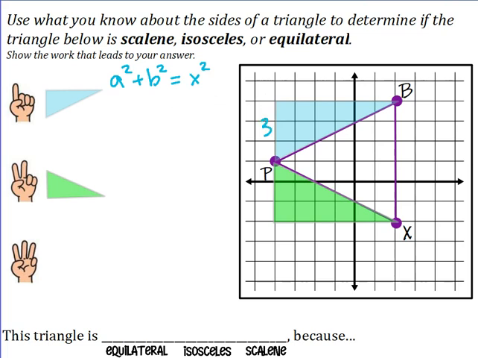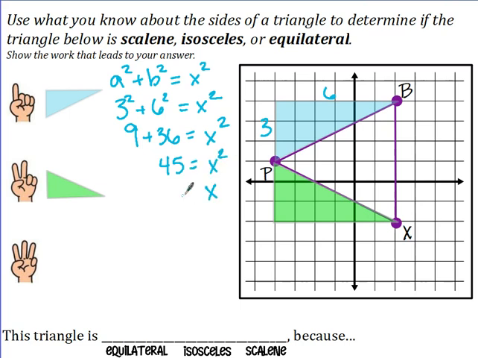This triangle measures 3 by 6, so I'll be able to say 3 squared plus 6 squared is x squared. This will be 9 plus 36 is x squared, so 45 is x squared. So x is going to equal the square root of 45, which I know is more or less close to 6.7. So I know that this right here measures 6.7.